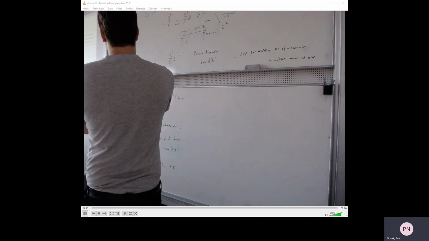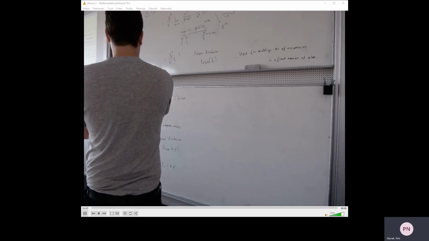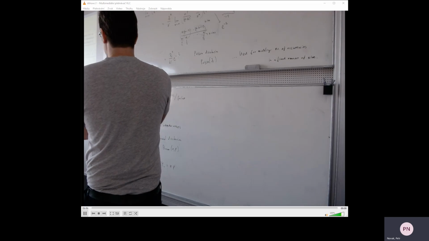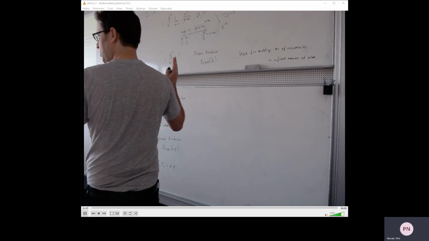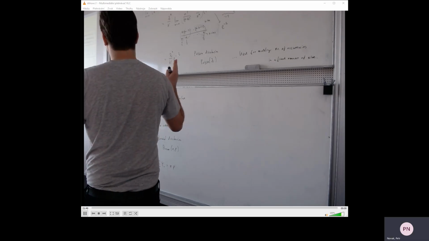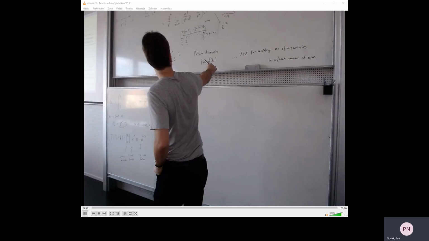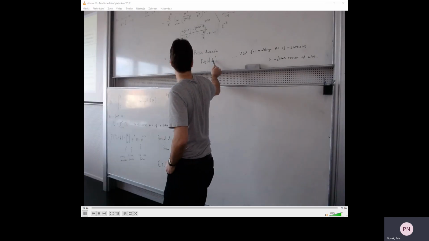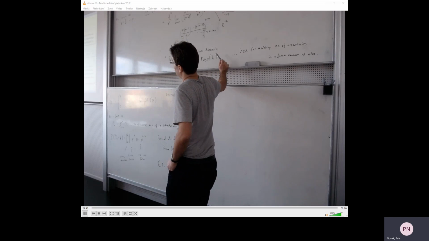Now, if we use this representation, then it can be shown that if we increase the time period, then the only thing which happens is that the parameter lambda increases.